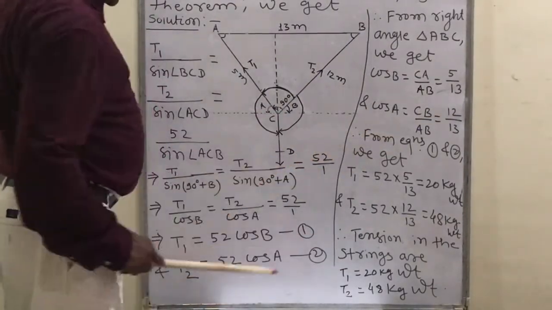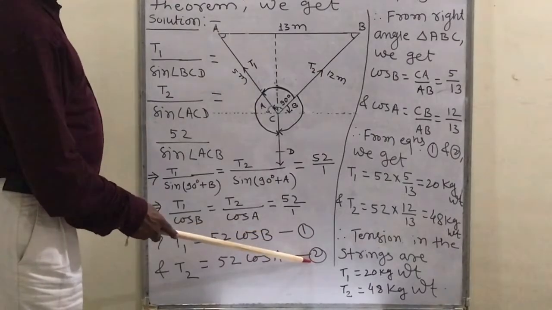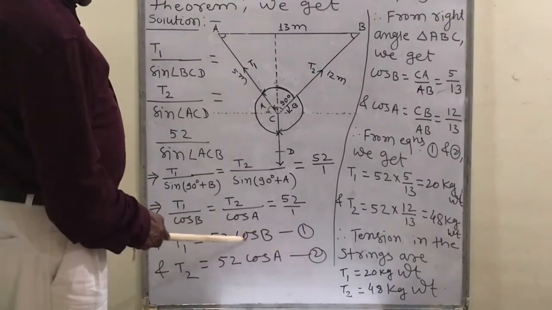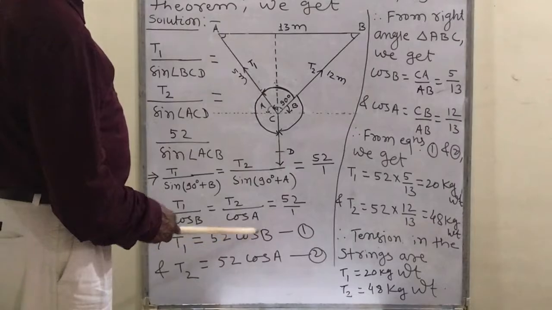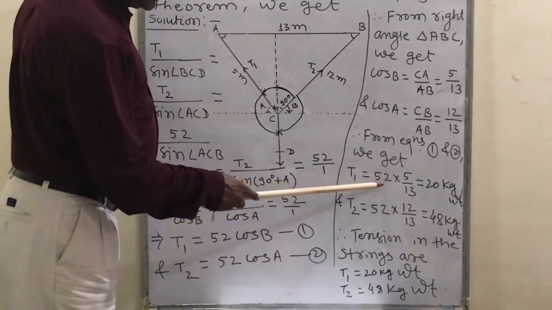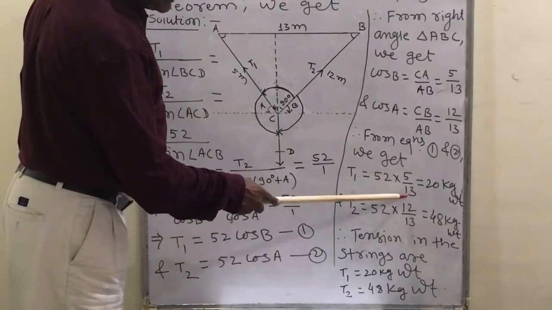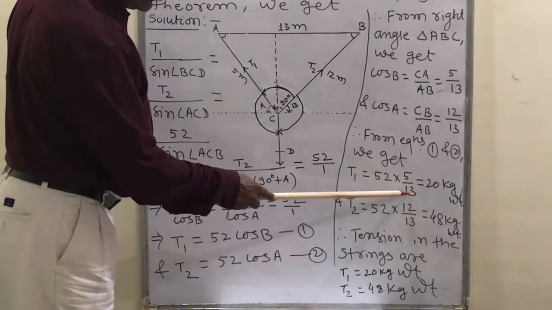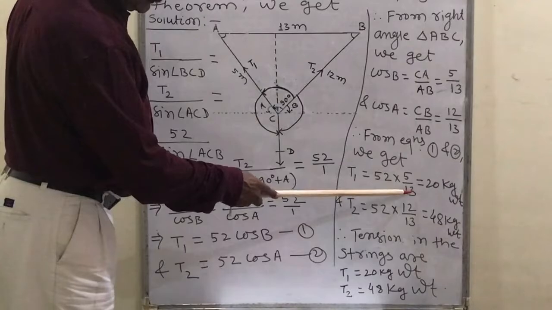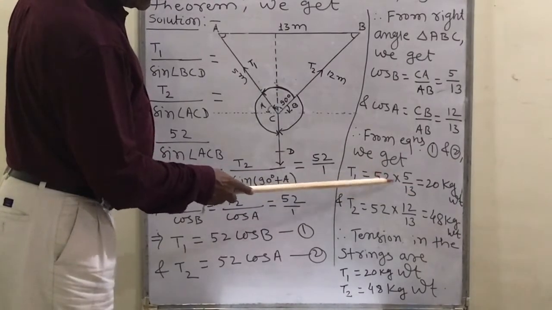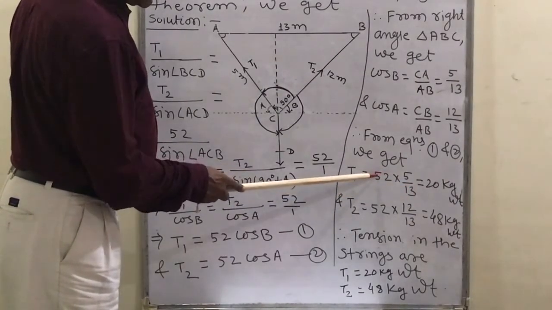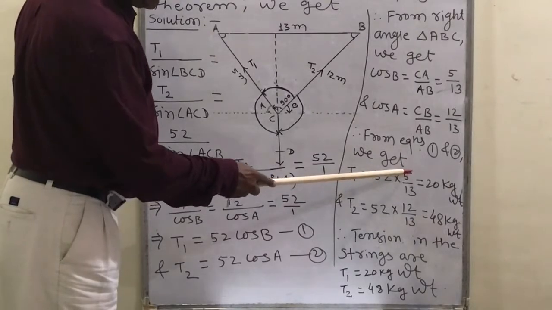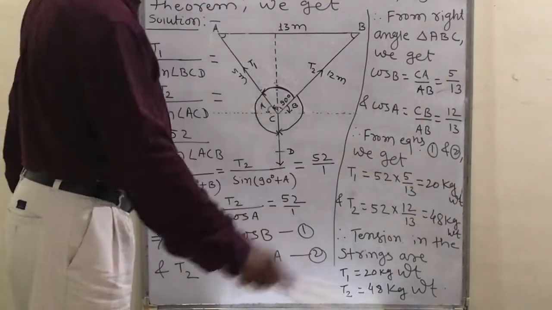From equation 1 and 2, in equation 1, substitute the value of cos B. T1 is equal to 52 into 5 divided by 13. 13 cancels with this 52, 4 is remaining. 4 multiply 5 is 20 kg weight.